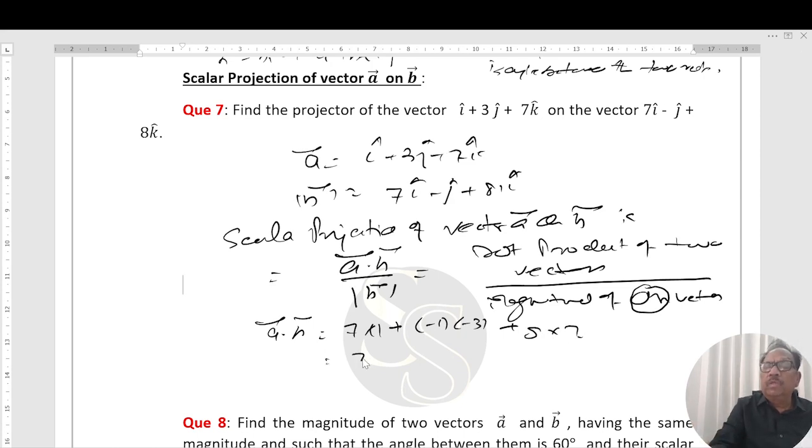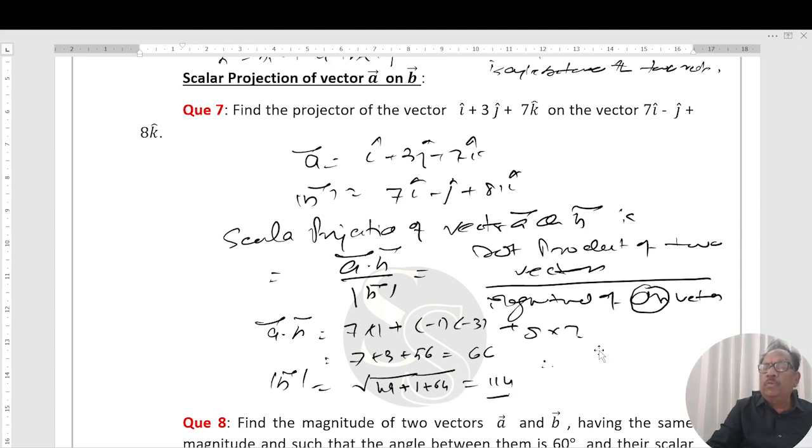On simplification, 7 plus 3 plus 56, this comes out to be 66. The magnitude of b will be equal to under root 49 plus 1 plus 64, that is root 114.